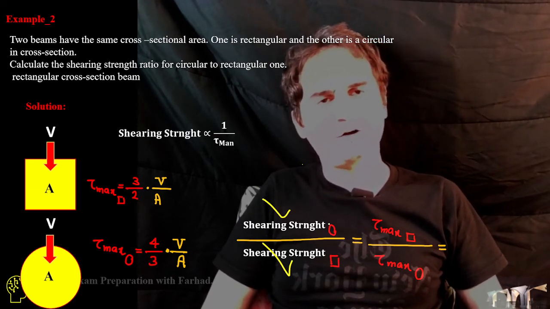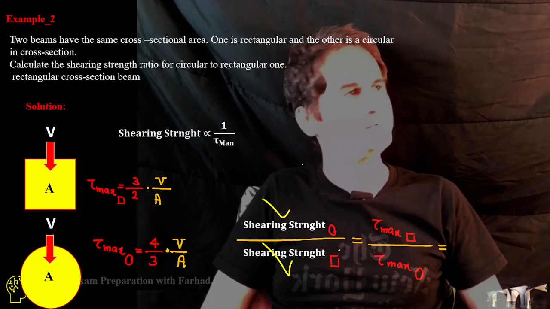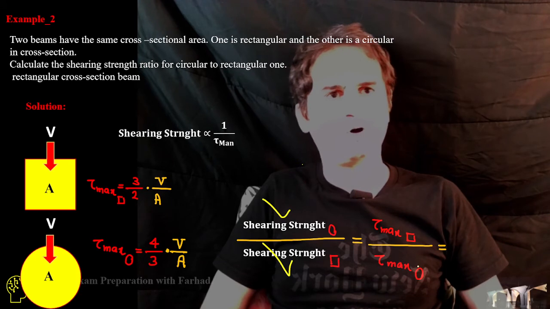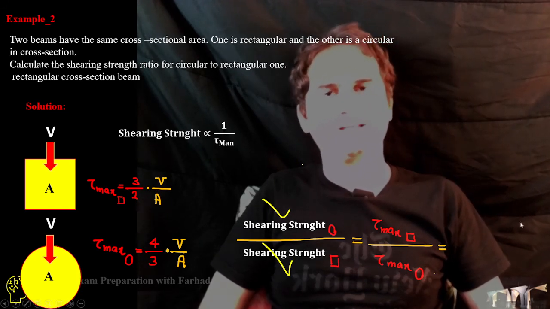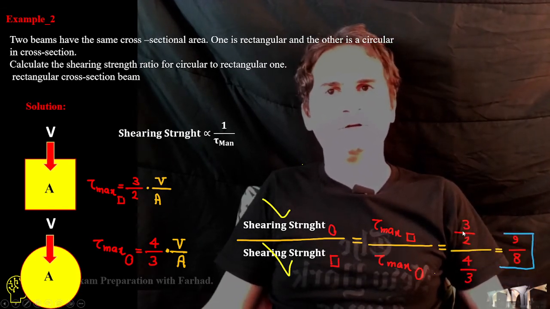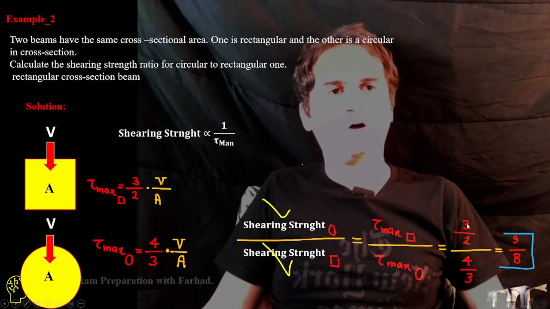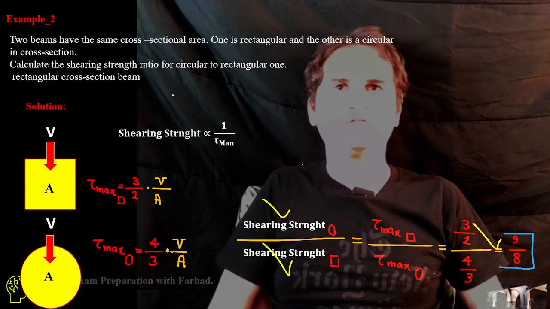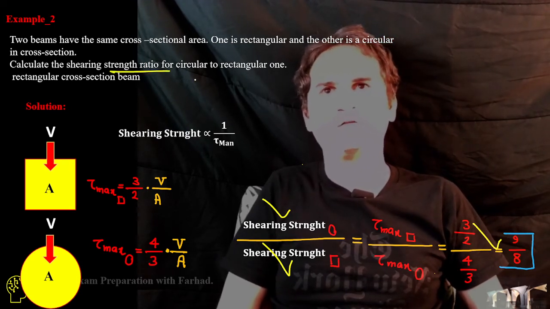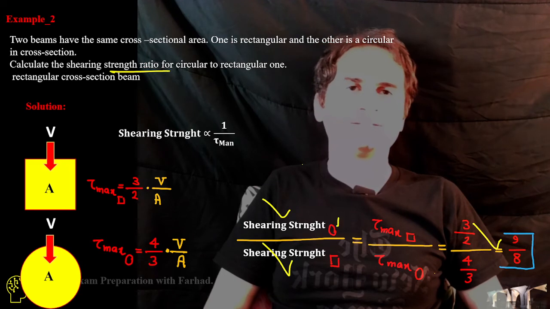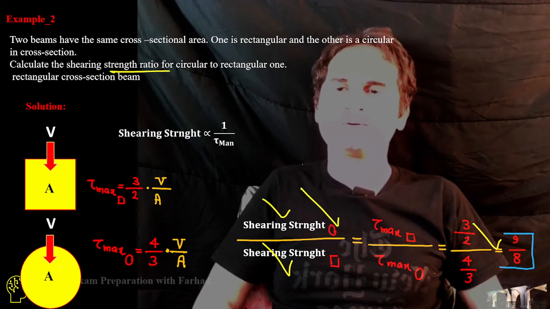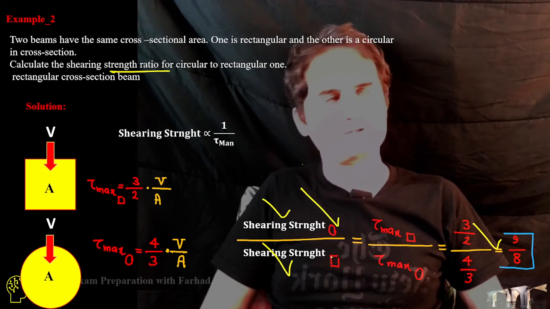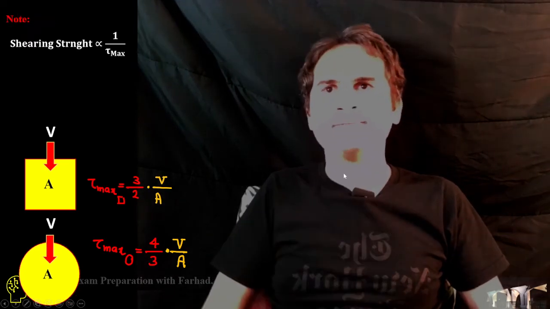So shearing strength of circle to square is tau maximum of square over tau maximum of circle, and that's 3 over 2 over 4/3, which is 9 over 8. So the strength ratio of the circular cross section with the same area to the square one is 9 over 8.